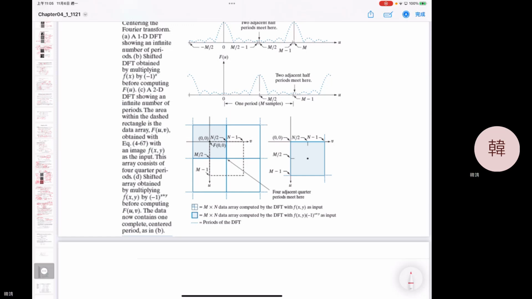And the E image is the Boy image reconstructed using its phase angle and the magnitude spectrum of the rectangle. So we use this magnitude spectrum here, plus the phase spectrum of the Boy.